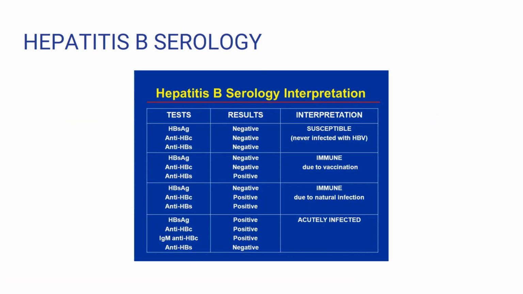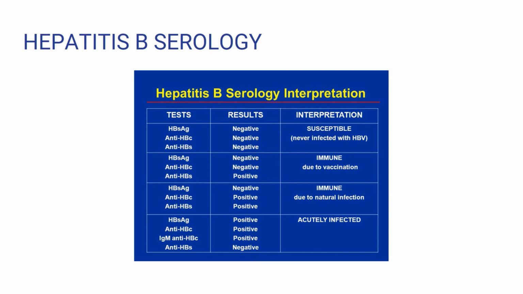Now, I would like to highlight the different hepatitis B serologies that can be done, because knowing the results of these different serologies will give us a clue about the status of the child or infant in terms of hepatitis B infection.